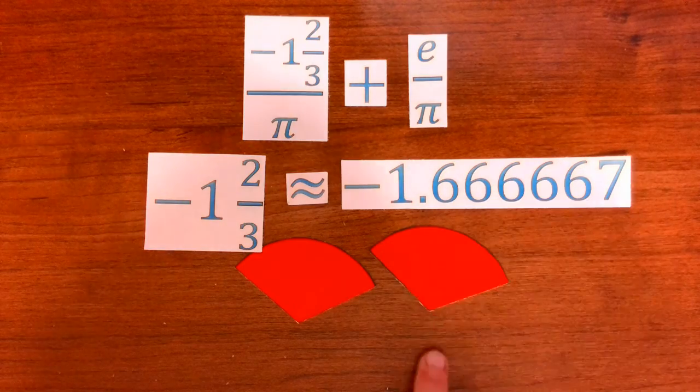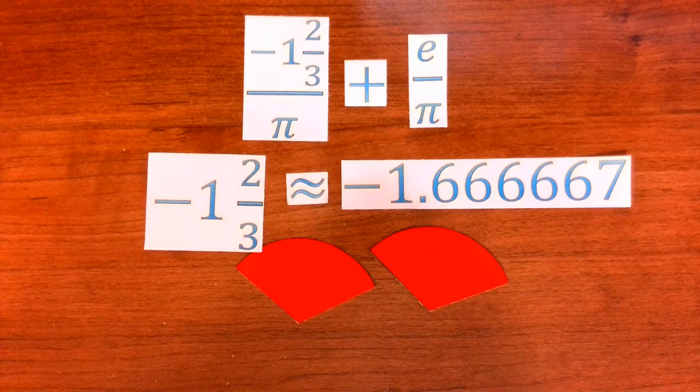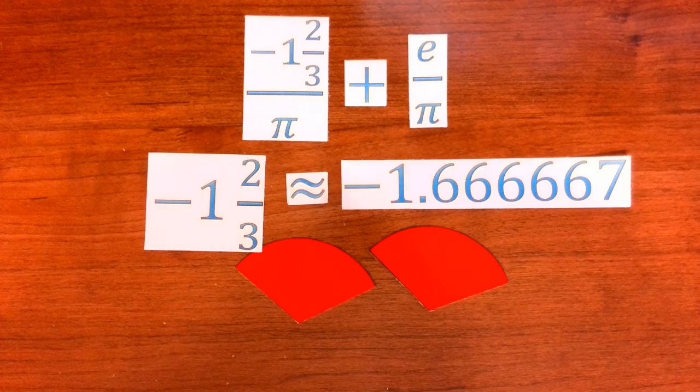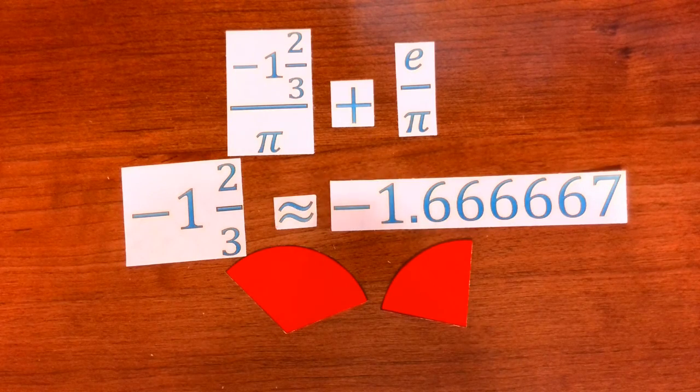So what I'm going to do is I'm going to cut this up into 2 pieces, one of which would be 2/3 of this piece, so that I can have negative 1 and 2/3 over pi. So now I have negative 1 and 2/3 over pi, because in this case, red represents negative.